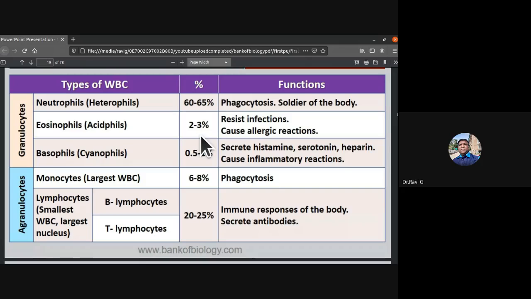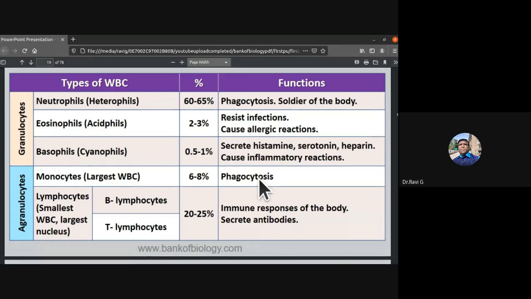So that is how you should remember the sequence of distribution. In descending order: first is neutrophils, second is lymphocytes, third is monocytes, fourth is eosinophils, last is basophils.